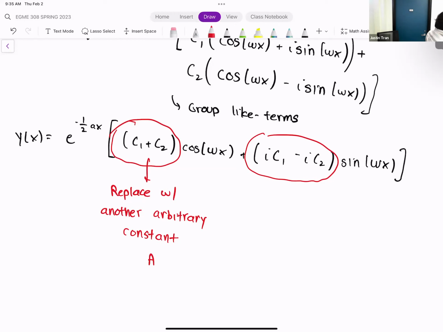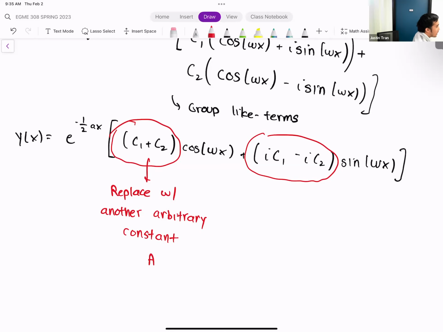And then the second thing that I circled there, i c1 minus i c2. We know that c1, c2 are arbitrary, and so we can choose its values by whatever we want. We have the imaginary number i. Technically speaking, i is also just a constant. It's a very weird constant, of course, with very strange properties, but at its core, it's just an imaginary constant. Because i is just a constant here, we can lump it in together with c1, c2.